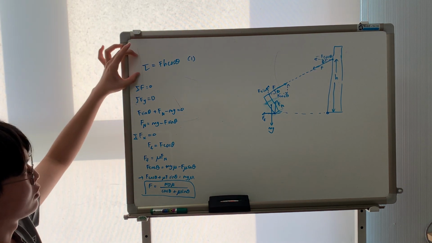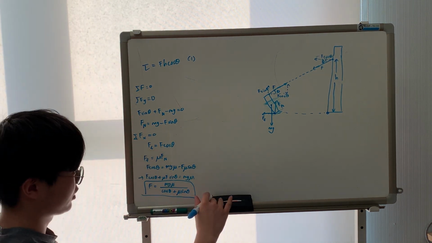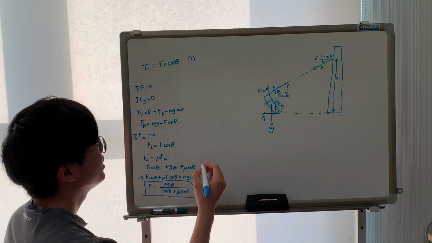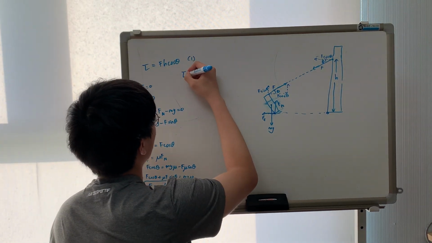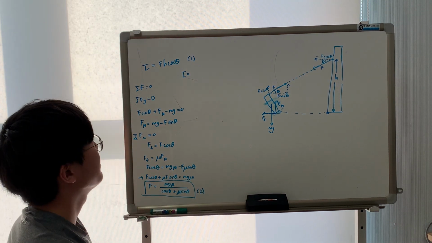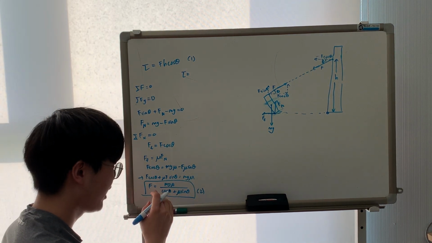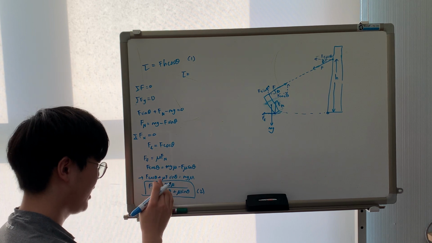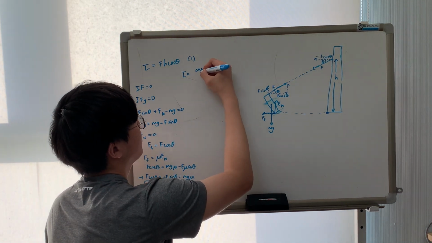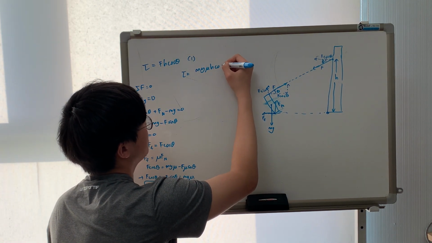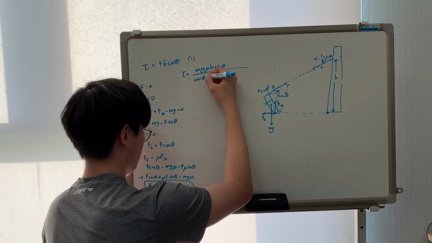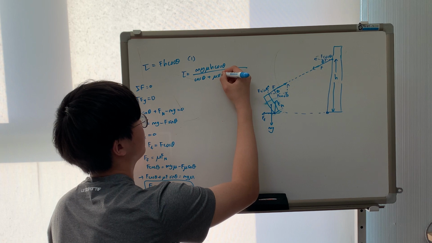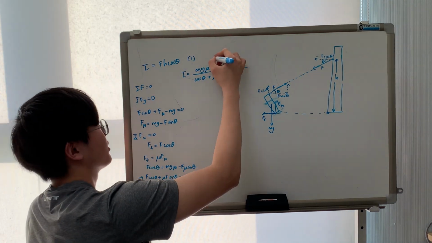I'm going to label this number 2. Combining number 1 and number 2, we have torque is equal to F times h cosine theta. We have our value for F here, which means mg mu h cosine theta over cosine theta plus mu sine theta.